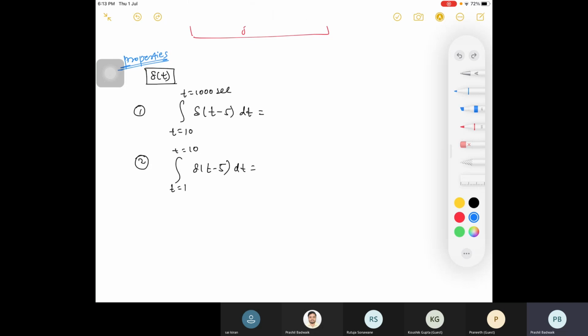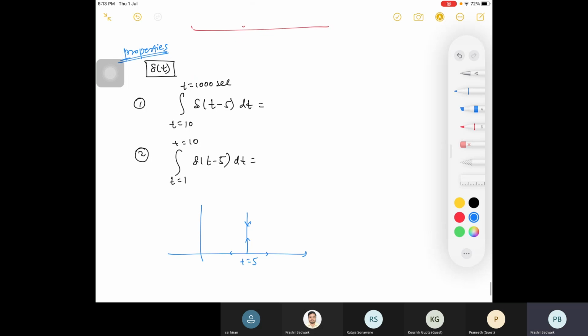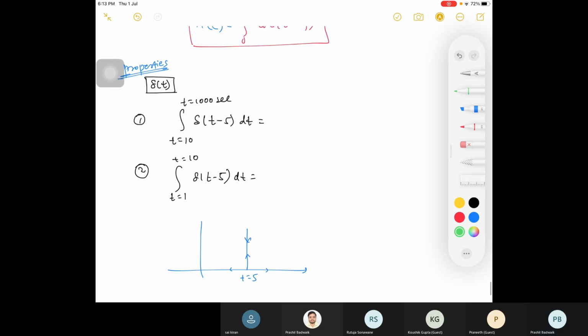Okay, so for this I'm drawing this curve. This is your Dirac delta function at time t equal to 5. This is less than 5, and this is greater than 5. Here you can see this 5 lies between 1 to 10, but it is not between 10 to 1000.